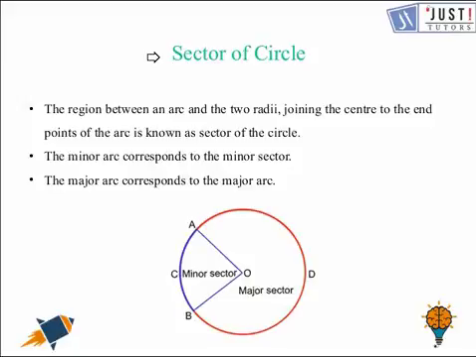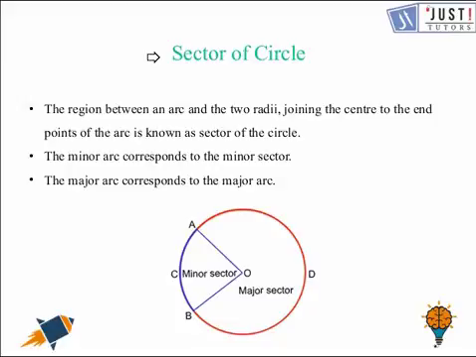Now we have sector. What exactly is a sector of a circle? A sector is a region in a circle which is bounded by an arc and two radii. As we know, the radius is always from the center to a point on the circle.